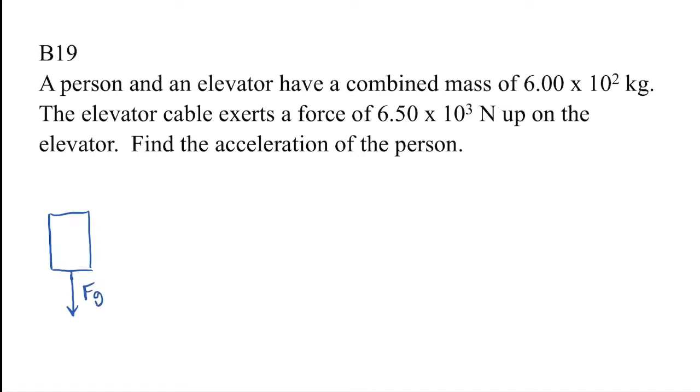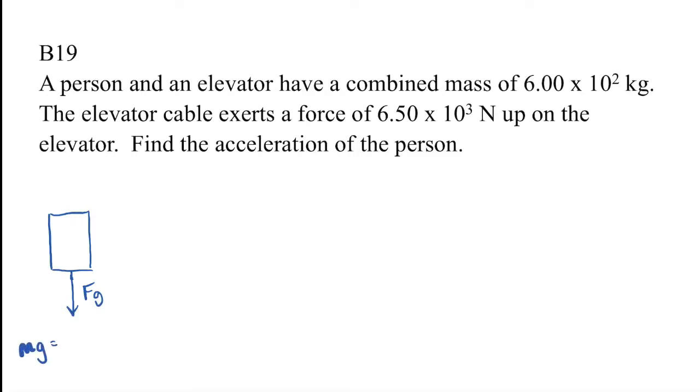Totally clear? Okay, so I definitely have the force of gravity moving downwards, and the force of tension is upwards, but here's the problem: I don't actually know which one's bigger.